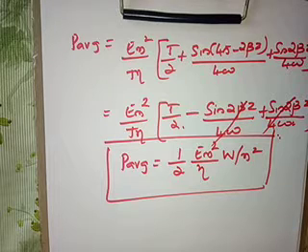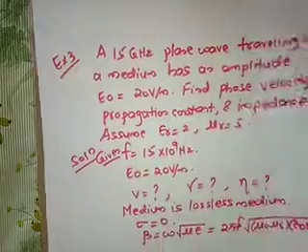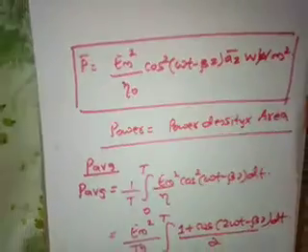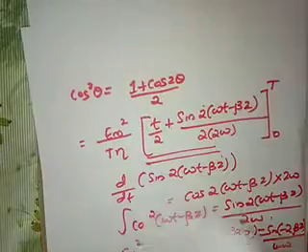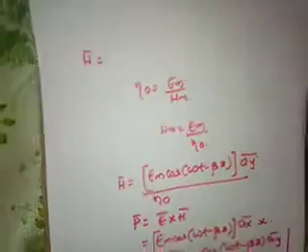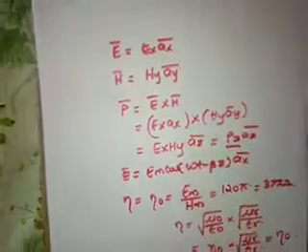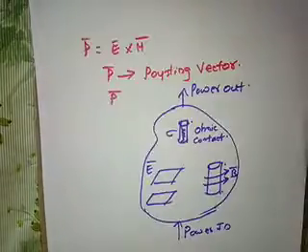So students, in today's class we have taken up an example on the propagation of the plane wave. After the example, the next topic was the discussion on the Poynting theorem.